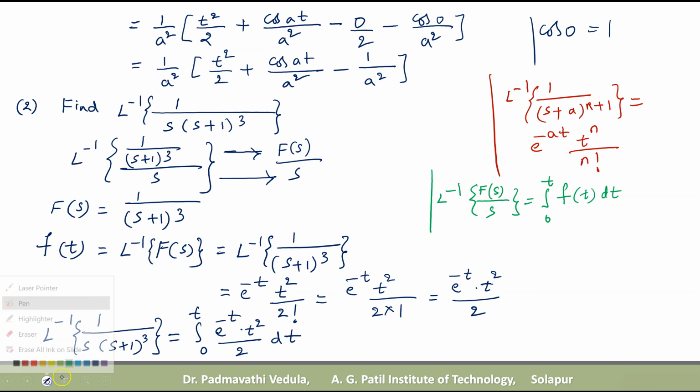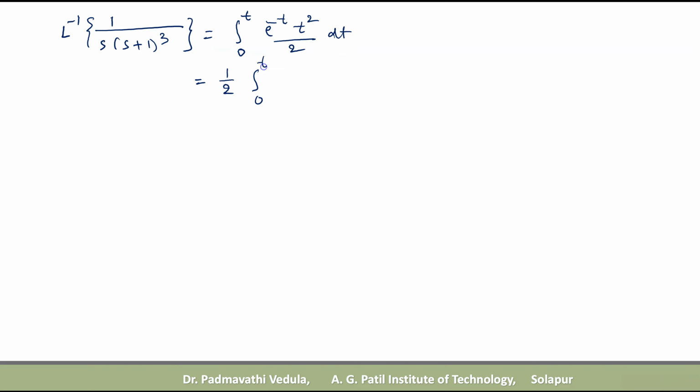So L inverse of 1 by s into s plus 1 whole cube equals integral 0 to t of e power minus t into t square by 2 dt, which equals 1 by 2 into integral 0 to t of e power minus t into t square dt. Here you can apply the UV rule, or the general integral UV rule.